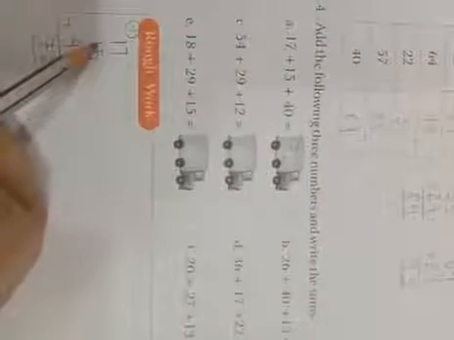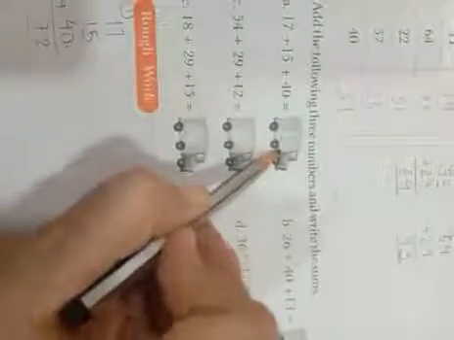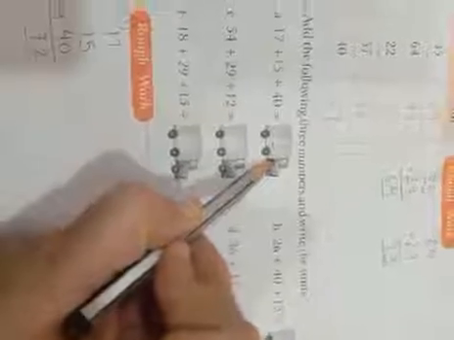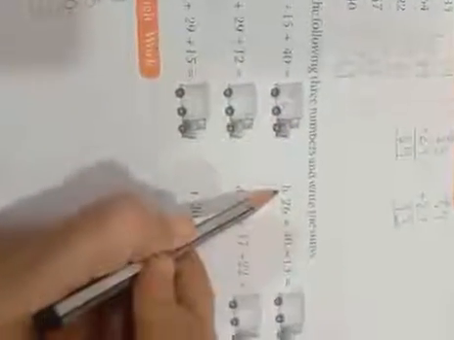So of 12, I wrote 2 here and gave 1 carry. Now 1 plus 1 gives 2. 2 plus 4 gives 6 and 6 plus 1 is 7. So the sum is 72. I have written it here. Now you will solve B1.